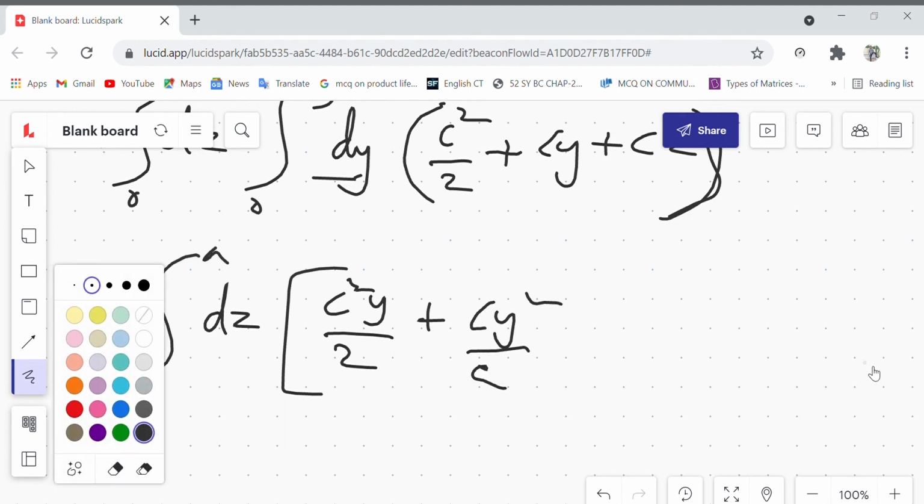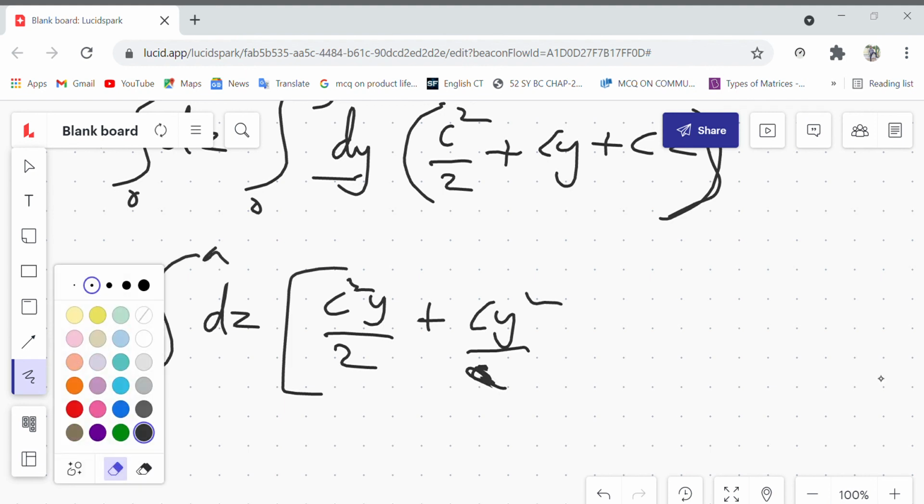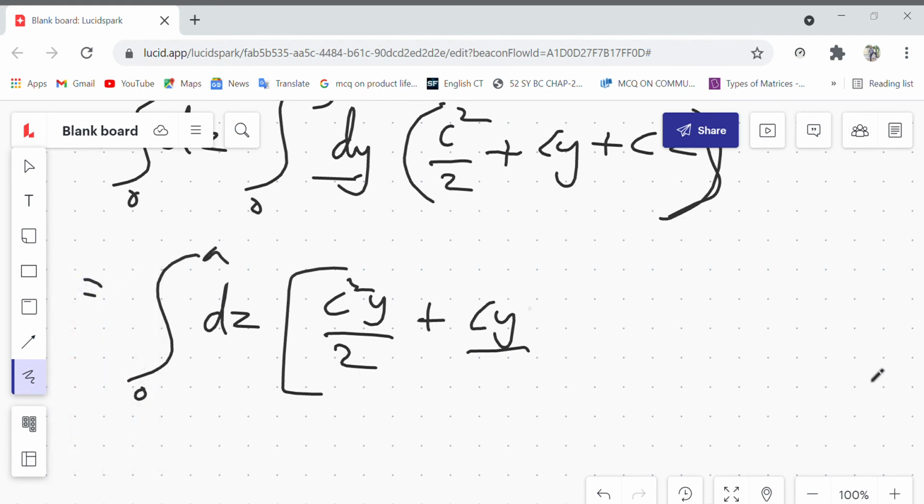I have to write this 2 in a proper manner, or else no one can understand if he or she is not using any kind of audio. Plus cyz, evaluated from 0 to b.